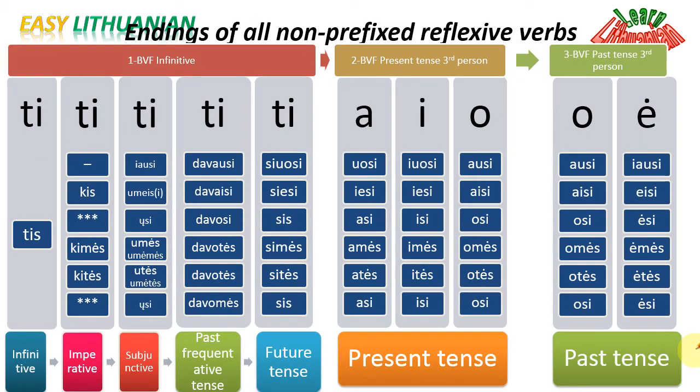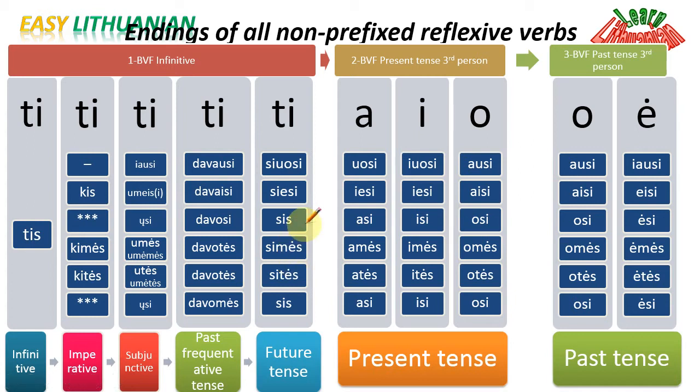And now let's take a look at the endings of reflexive verbs. If a reflexive verb has a prefix, you may know this from my vocabulary videos, or I had already told you in some other video. If a verb has a prefix like ne, the negative prefix, or another prefix like pa, su, pre, už, and so on, and it is a reflexive verb, you should put the reflexive particle between the prefix and the root of the verb.